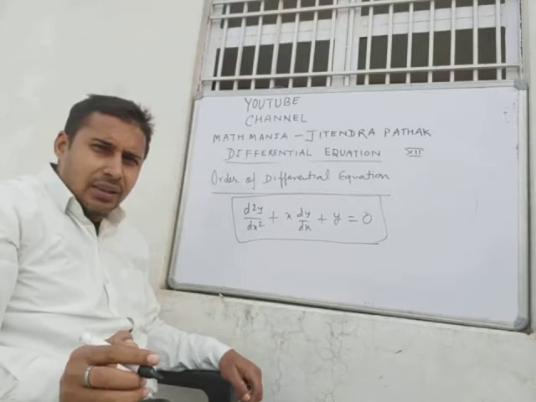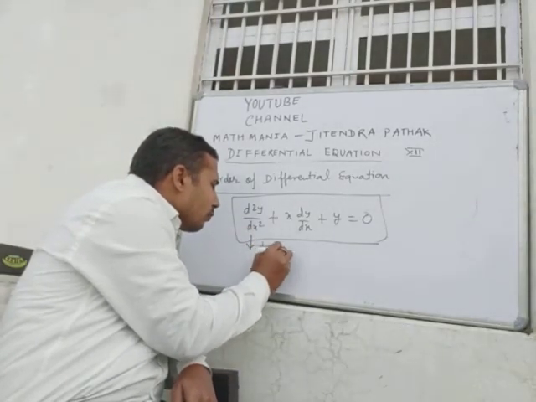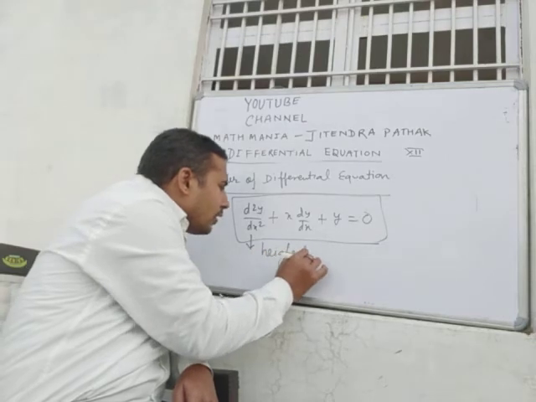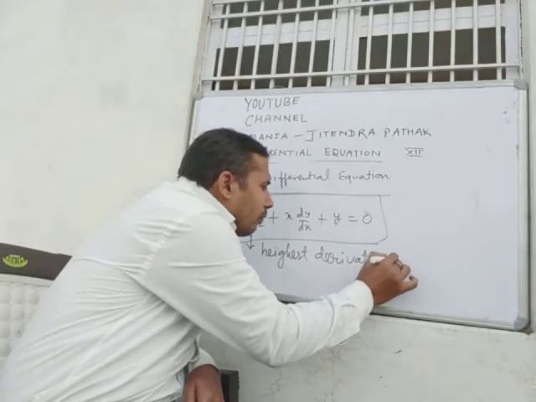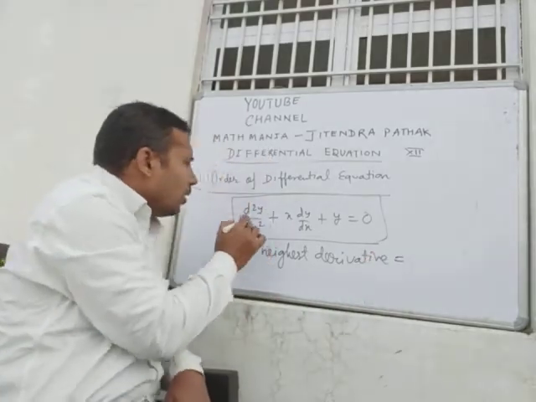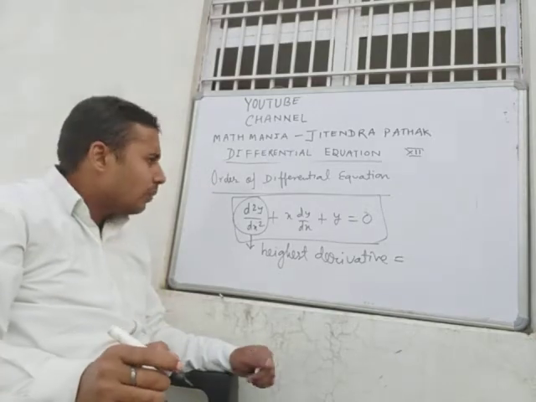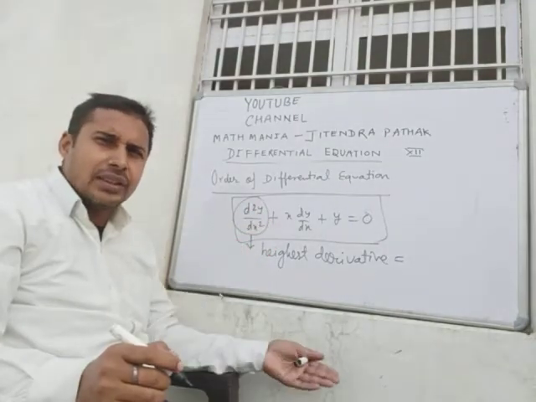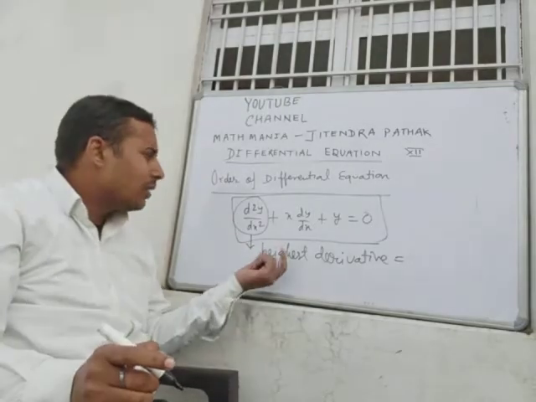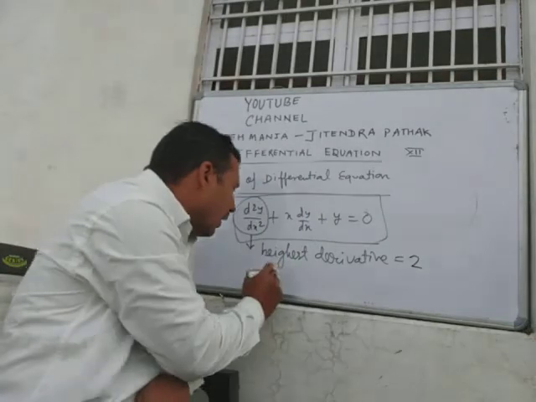The highest derivative is this second derivative, order 2, because this differential equation is differentiated two times. It means highest derivative is 2.